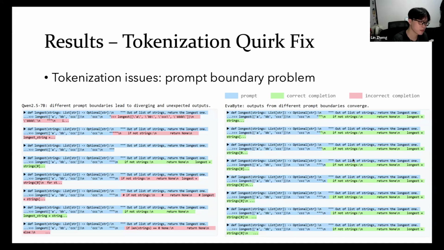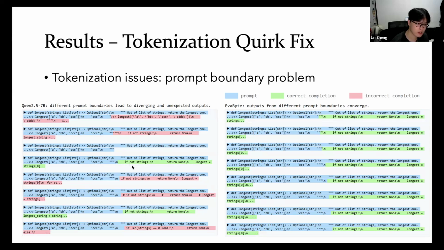In this case, because there is a missing completion, there might be some incomplete tokens near the end of the prompt. The basic tokenizer-based models cannot recognize these incomplete tokens. For example, with Qwen 2.5, we varied the prompts and boundaries, and most of the time the Qwen model just got it wrong because it cannot recognize what the piece of incomplete token is.